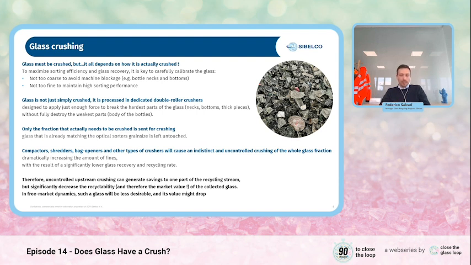Also, we don't do indistinct crushing on site, but we only crush what really needs to be crushed. So only the particles that are larger, for example, than 50 millimeters get crushed.